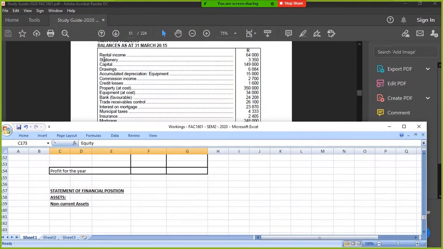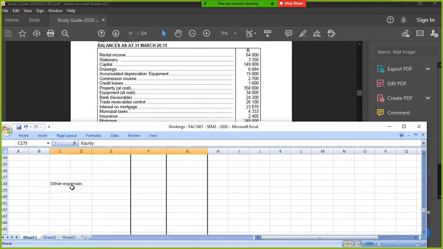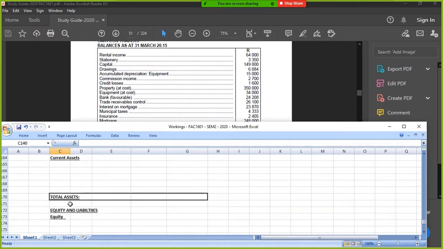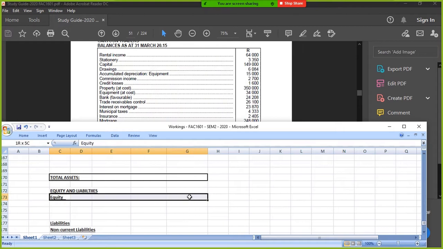Go down the list, take those amounts, and put them where they need to go. Stationery, you should know, is an expense. Stationery has an amount of 3350. Capital is owner's equity, but remember, we don't have the SOCI as a separate disclosure statement. We have capital and drawings as part of the equity in our statement of financial position.